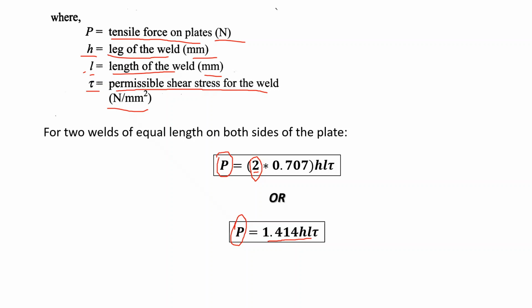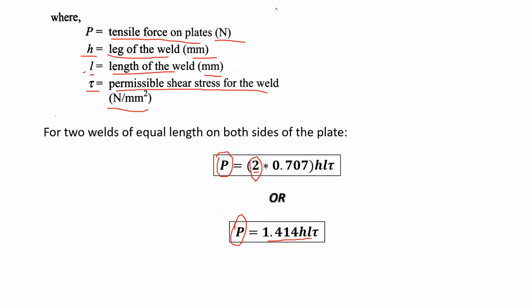You can calculate the exact value of the length, and that will be your answer. But as a practice, in some books this 15 mm is added to the final length of the weld in order to allow for starting and stopping of the weld run.